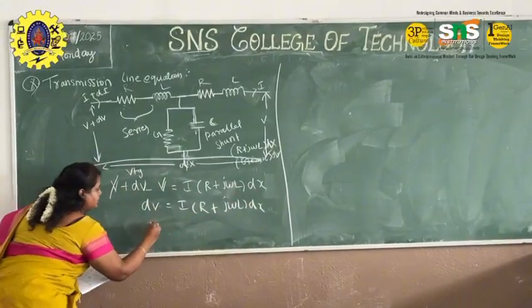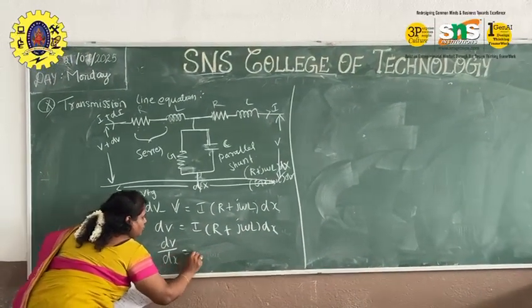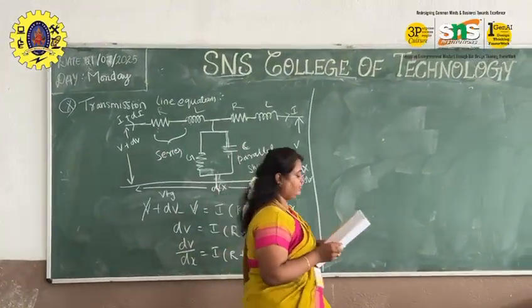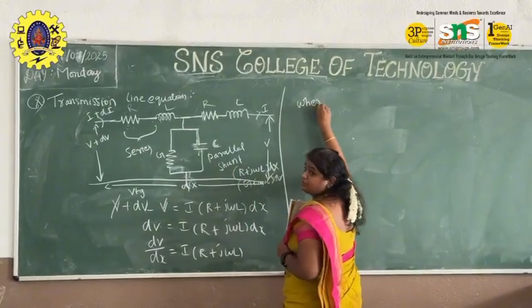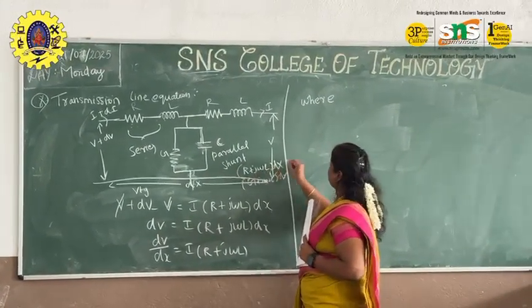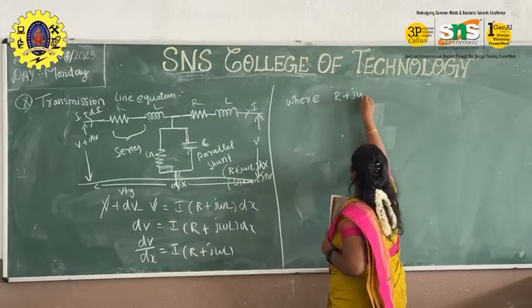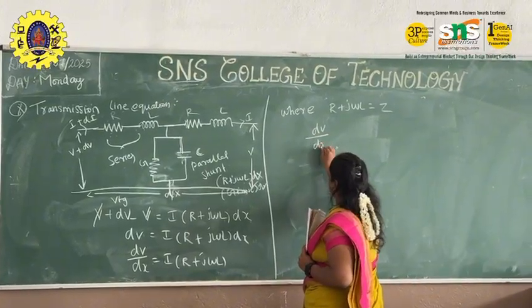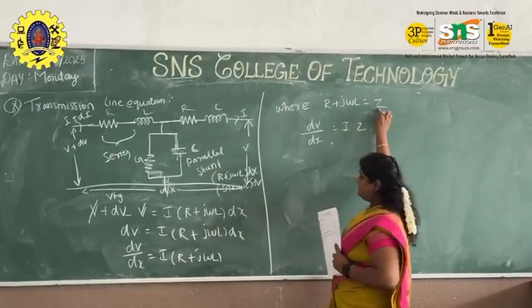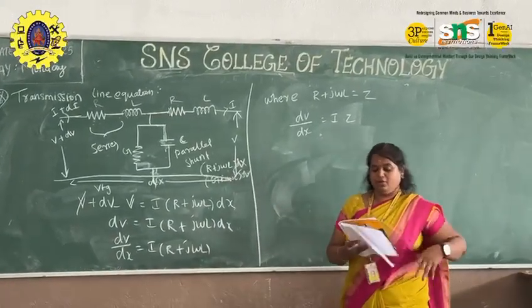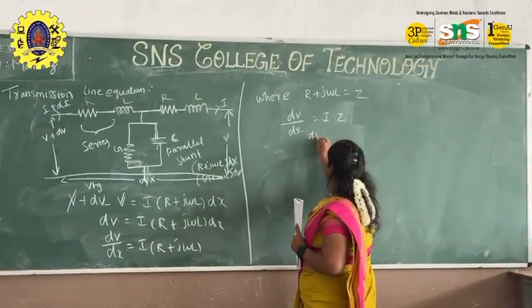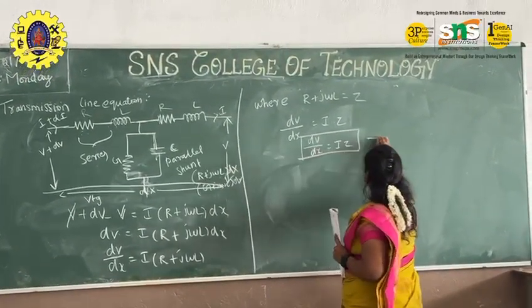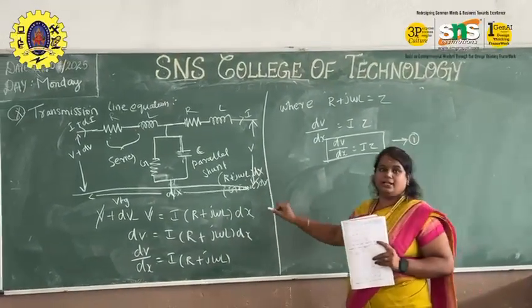Taking this dx across, dV by dx is equal to I into R plus j omega L. We know R plus j omega L is nothing but Z, so I replace it: dV by dx is equal to I into Z, where Z is R plus j omega L. This is our first equation, the first equation we have derived for this transmission line.